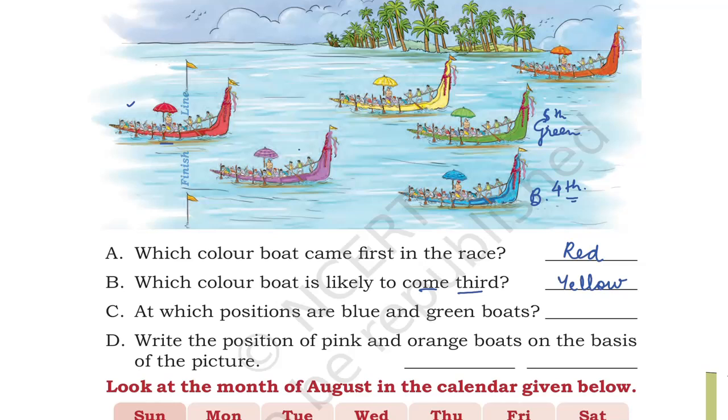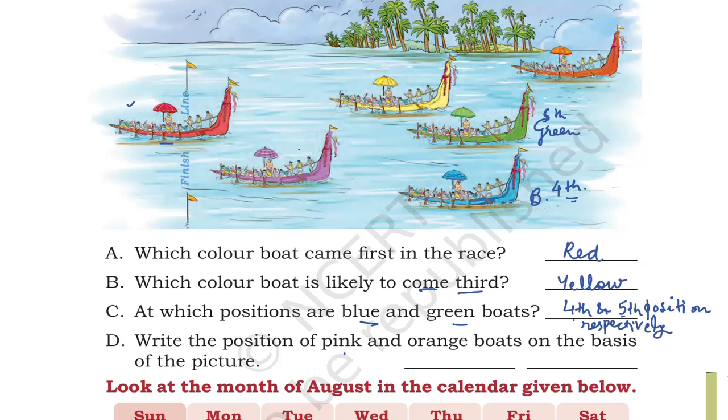Okay, so we say fourth and fifth position respectively. That means the fourth position we are giving to the blue boat and the fifth position to the green boat.